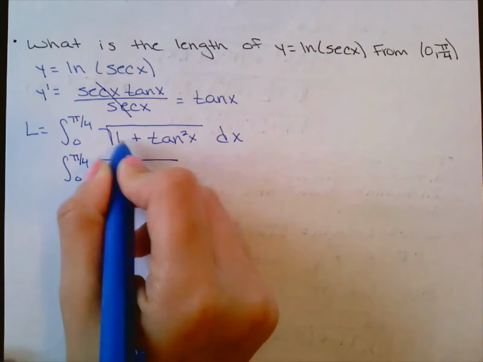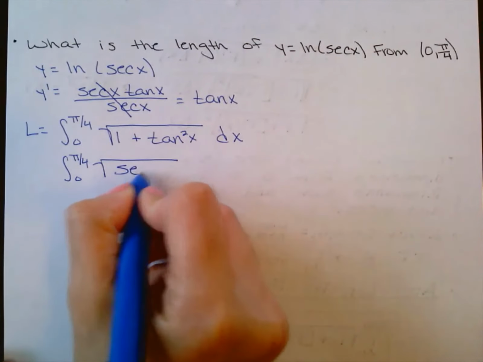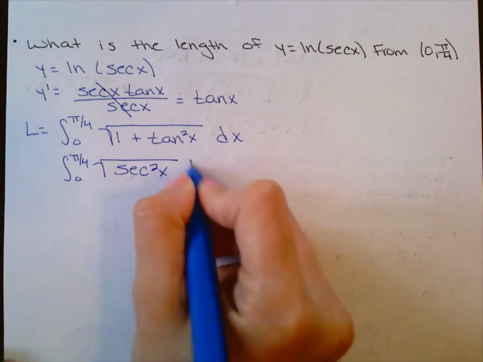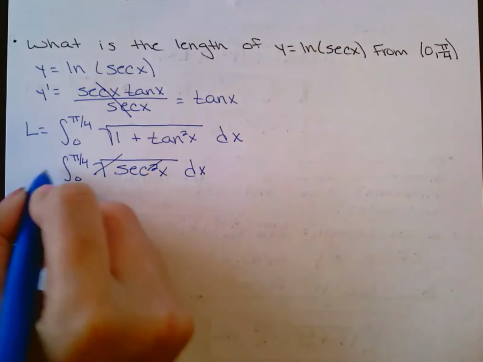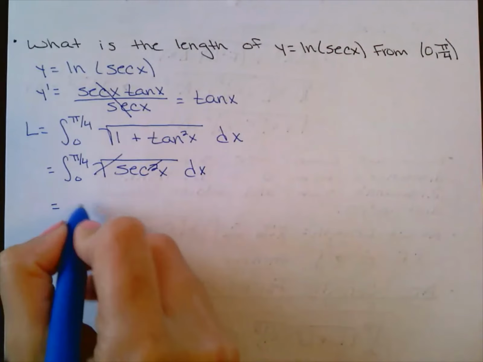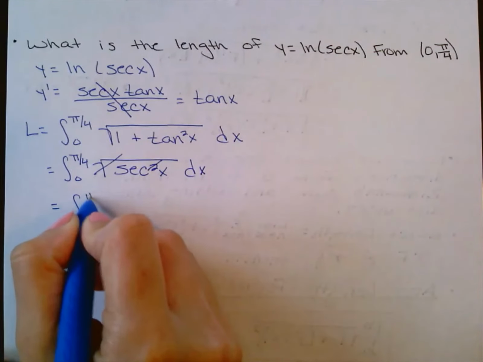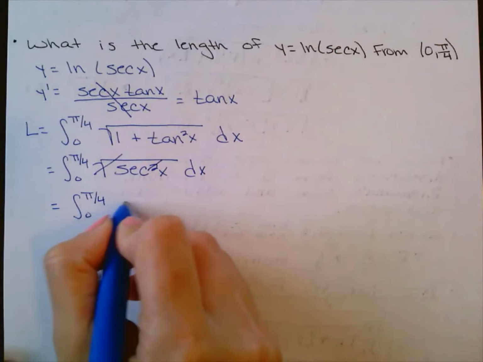So square root of 1 plus tangent squared is the square root of secant squared of x. Now a square root and a squared cancel. So I'm really doing the definite integral from 0 to pi over 4 of secant.